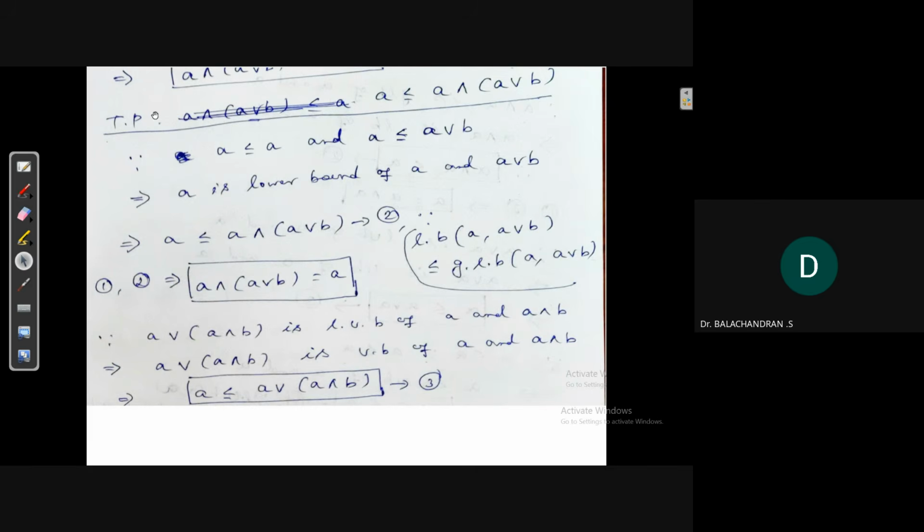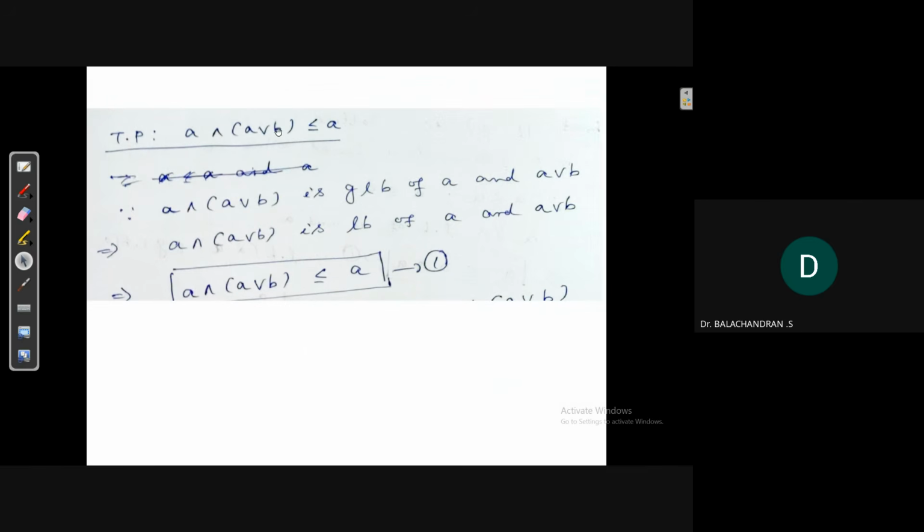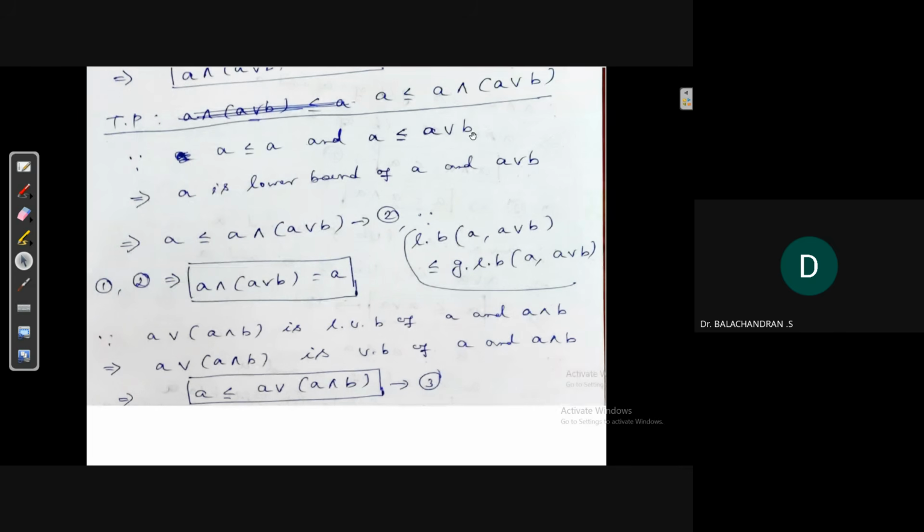Next, to prove the other way: A less than or equal to A and (A or B). Here this point should be struck out. You may know that we need to prove this, but the crucial part is these two, and then only you can proceed. Next step, next step, next step. Since A is less than or equal to A, this is always true.